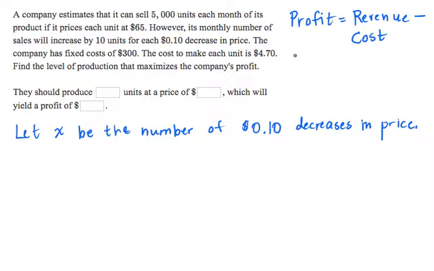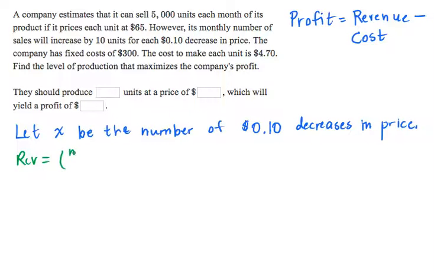So revenue, just in words, is the number of items that you sell times their selling price.